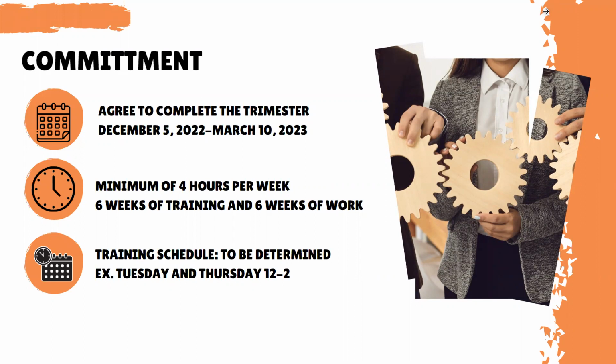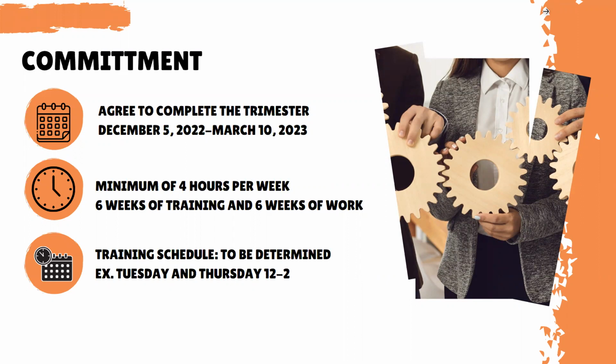So in the 6 weeks, that's where we would be learning the soft skills, the hard skills, everything that we talked about. That's when you would be learning that in the training. And again, that is paid training. And then 6 weeks of work. And again, the work is about 4 hours per week.